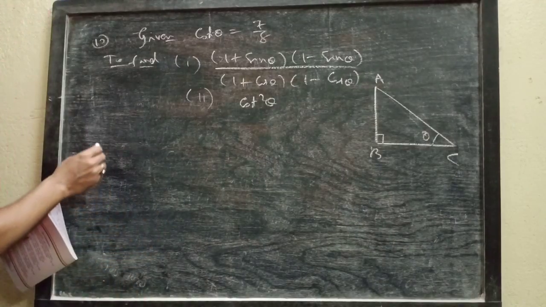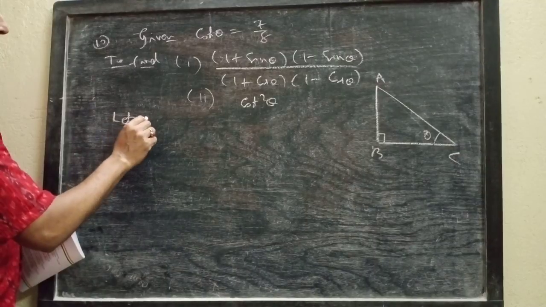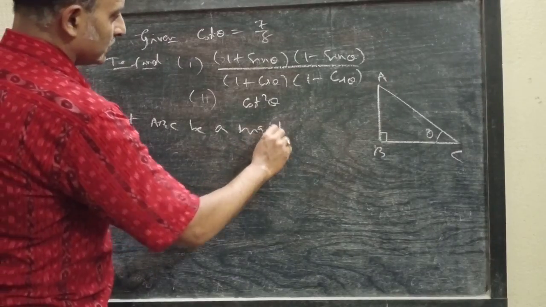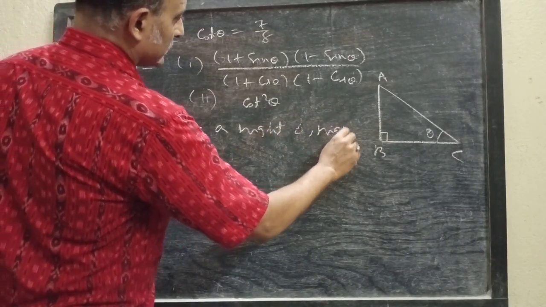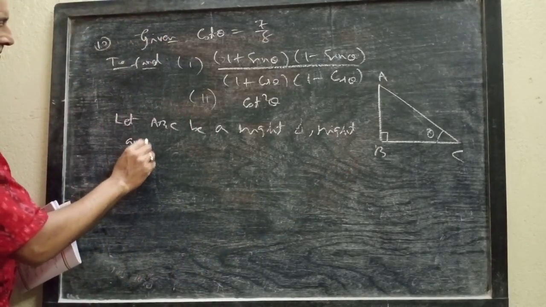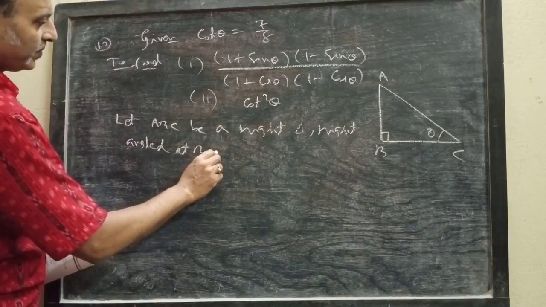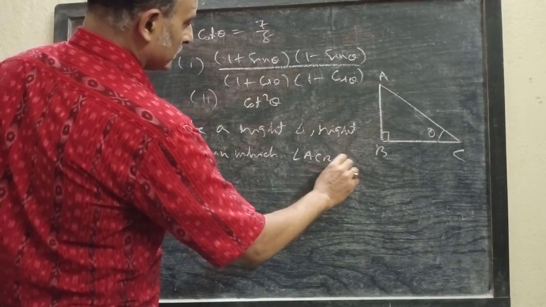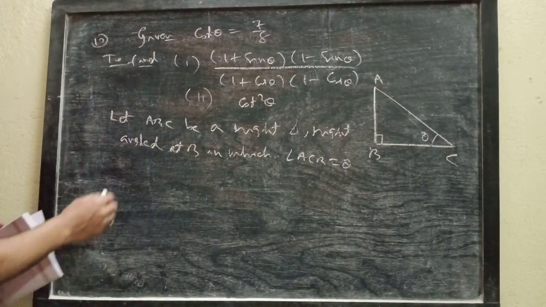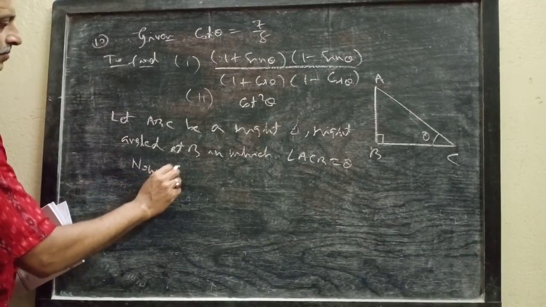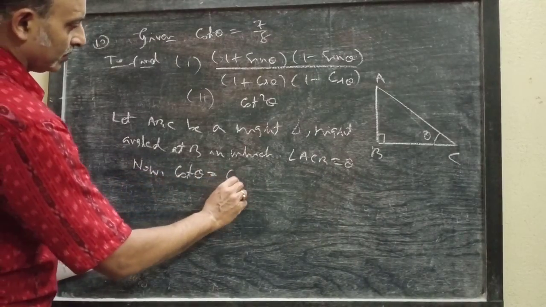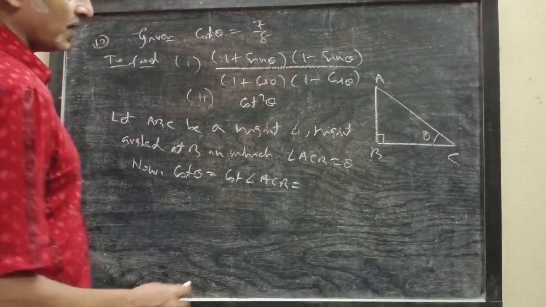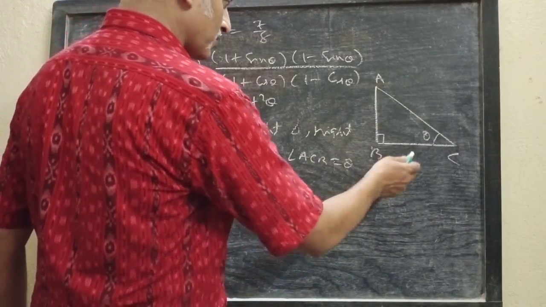So you have to write in this way. Let ABC be a right triangle, right angle at B in which angle ACB is theta. Now cot theta will be cotangent of angle ACB, that is BC by AB.